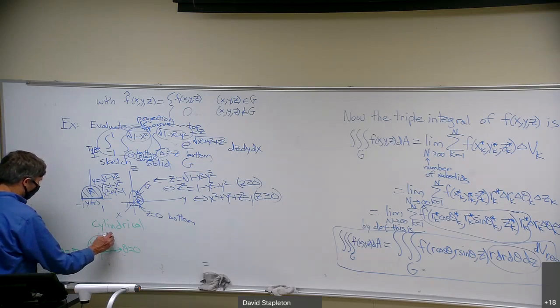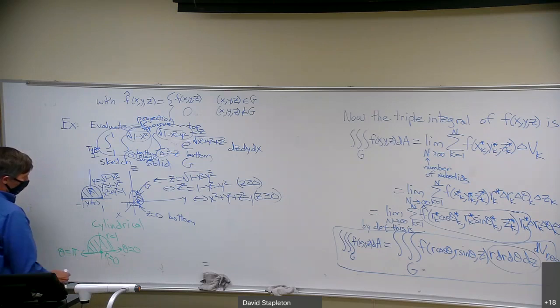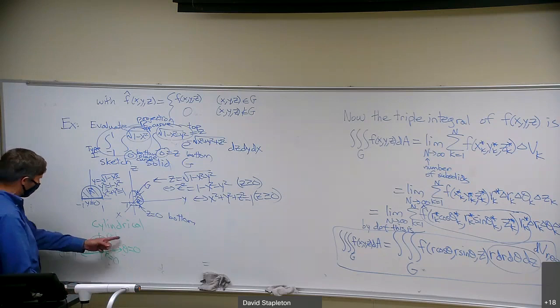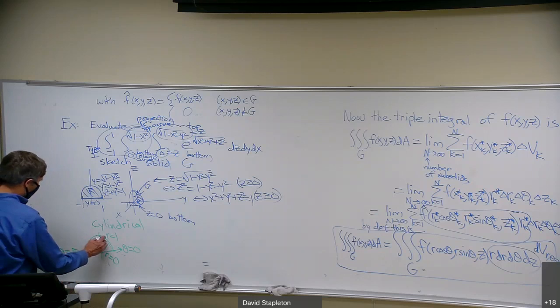The outside radius is r equals 1 because it's a unit circle. The inside radius, we can take r equals 0. And so we go inside radius to outside radius, beginning angle to end angle. And lucky us, in cylindrical coordinates, it's constant endpoints, 0 to 1 and 0 to pi, right? So there's the region R put in cylindrical coordinates.